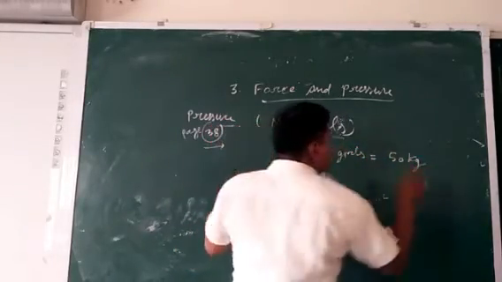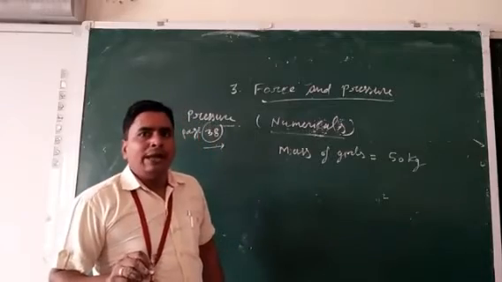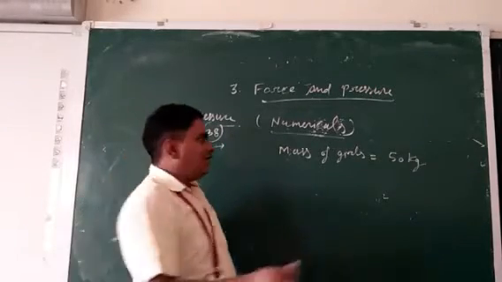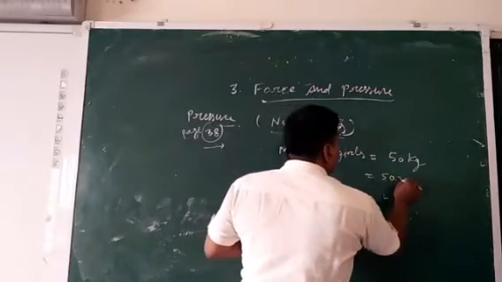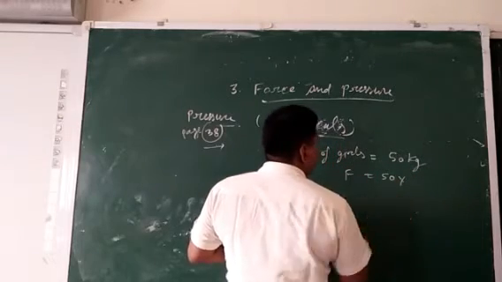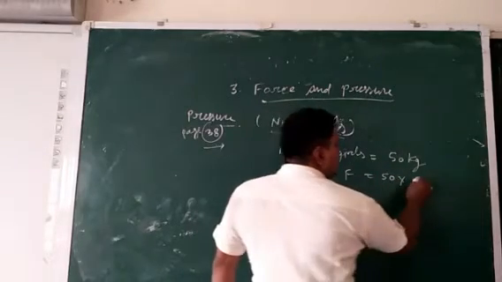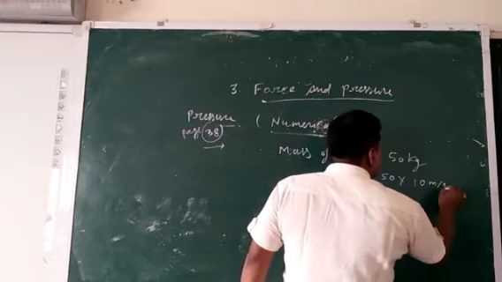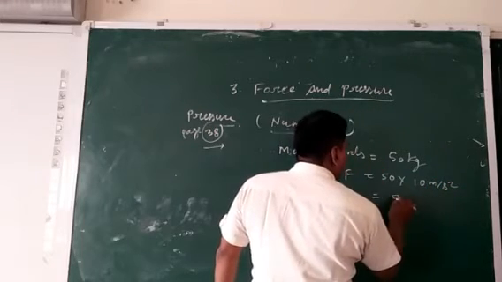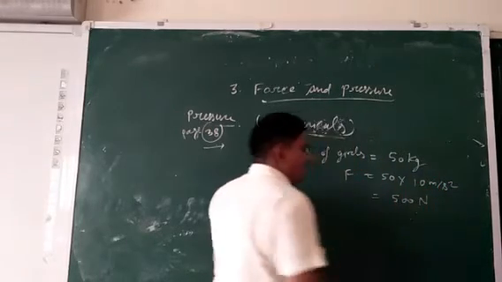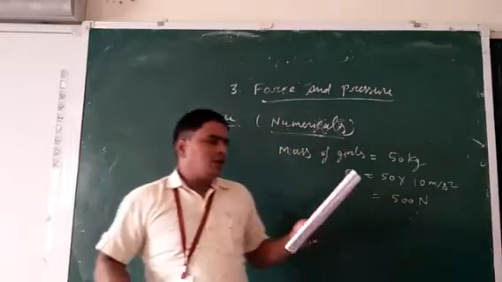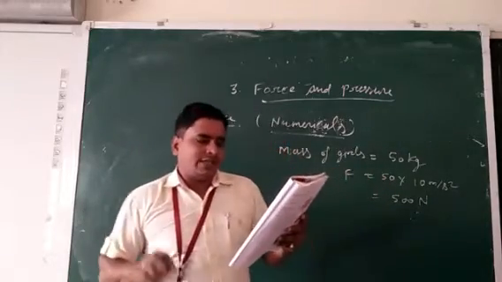So we have to convert this mass into force by multiplying by the value of gravity. So 50 into 10. Force is equal to 50 into 10 meter per second square, so 500 Newton applied by this object on the surface.